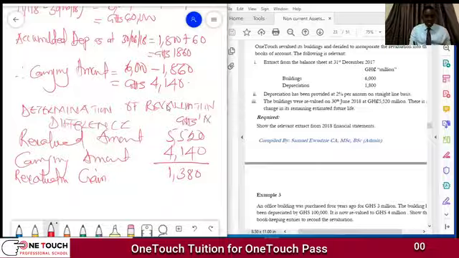Don't forget we're working in millions. So that's the revaluation gain.